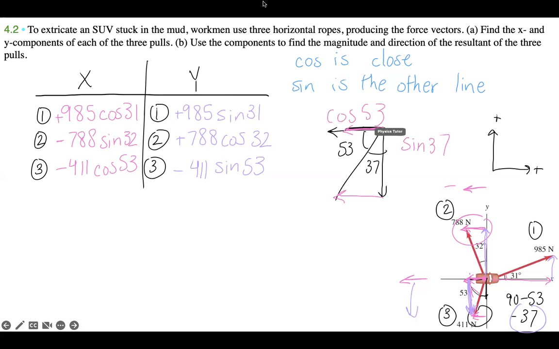So both of them are going to give us the exact same answer. In fact, they're equal to each other, right? So cos 53 is equal to sine 37, and vice versa is true too. So sine 53 is equal to cos 37. So really it's just a matter of how you drew it out, but both will give you the same answer. That's the beauty of math. That's why I love math.